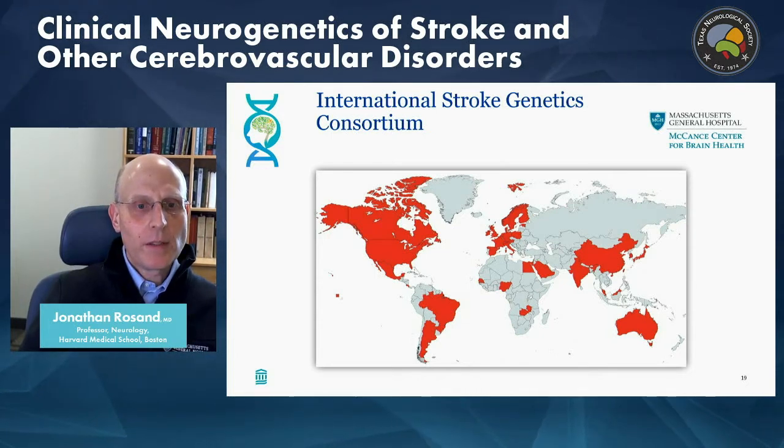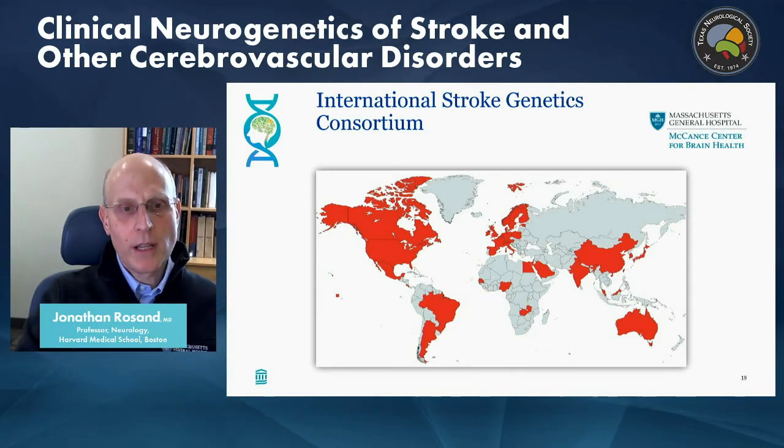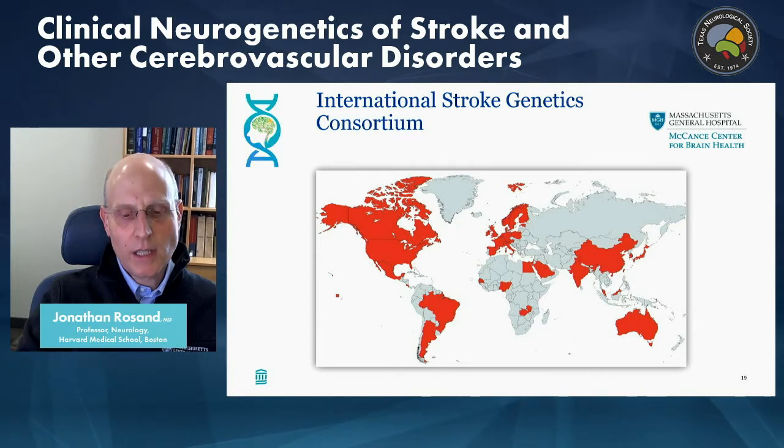There's much less infighting in the stroke genetics world now because of GWAS than there ever was before. It's really been a pleasure to be a part of this community, and I think it has also led to our being much more creative in exploring genetic hypotheses. The red here represents countries, in some cases continents, represented by investigators within the ISGC, and this is always expanding.